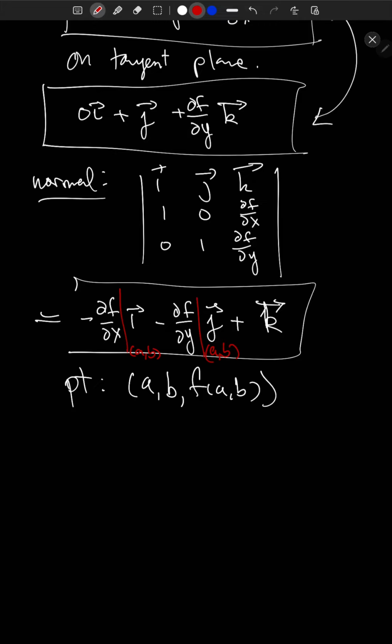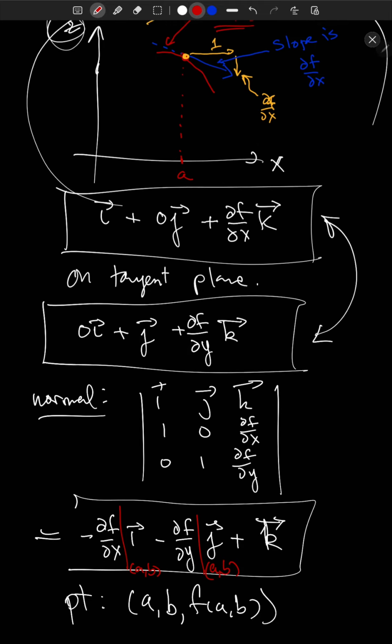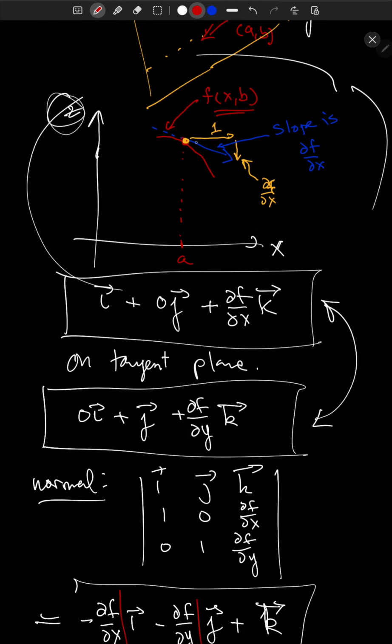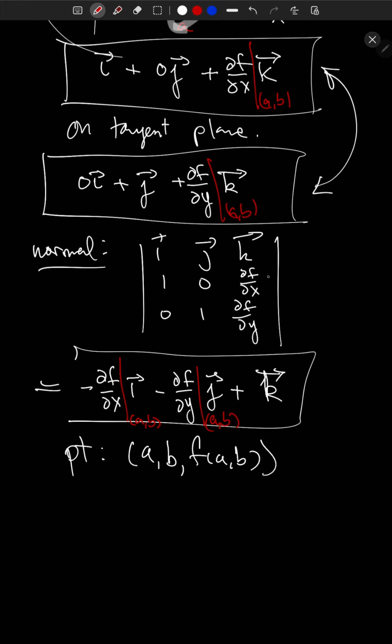If we look up at our original computation here, we're calculating the equation of this tangent line right there at a, and then, of course, we're taking this vertical slice at y equals b. So everything is happening at a comma b. So in particular, if we want to be really careful, this would be happening at a comma b, this at a comma b, that's at a comma b, that's at a comma b.